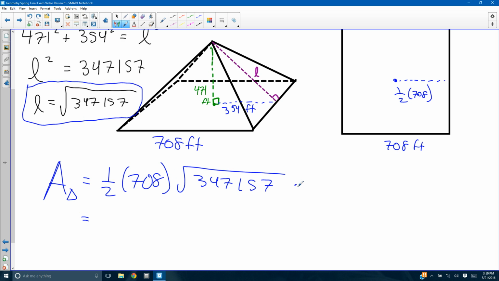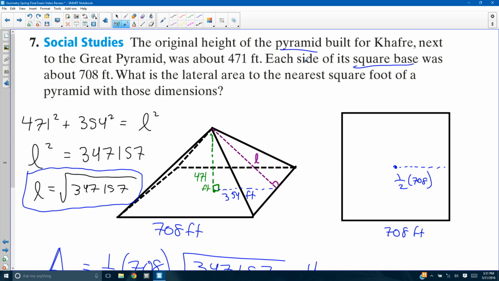Then I'm going to take all of that and multiply it by 4. How about that? So 4 times 1/2 is 2. 2 times 708 is 1,416. It's probably the year this was being done, right?